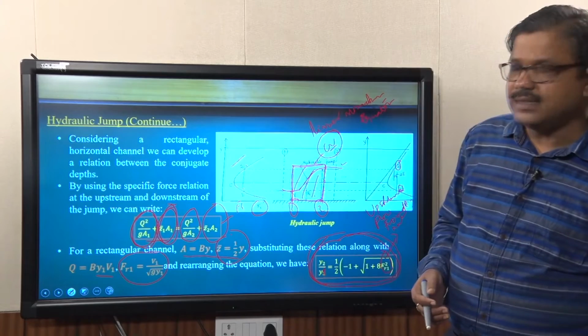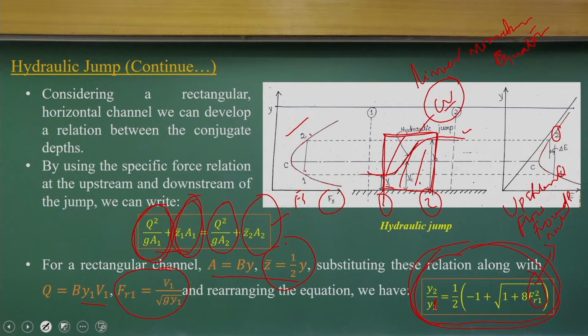These are very easy things, and whenever you solve any steady flow problems, you should draw the specific force diagram and also the specific energy diagram.